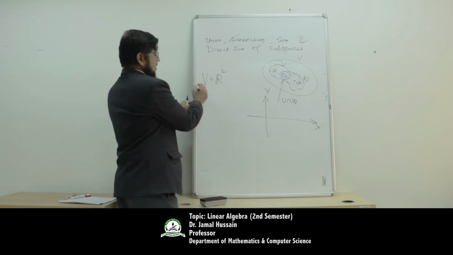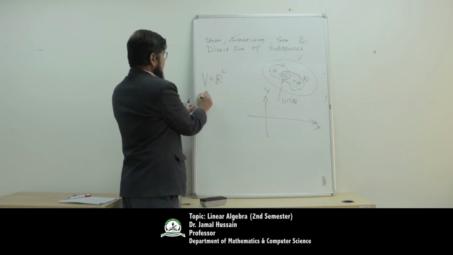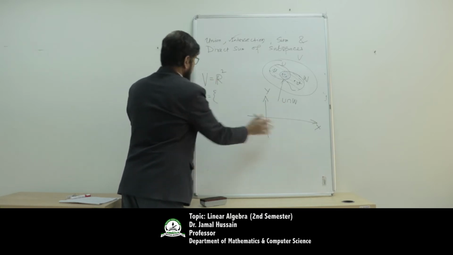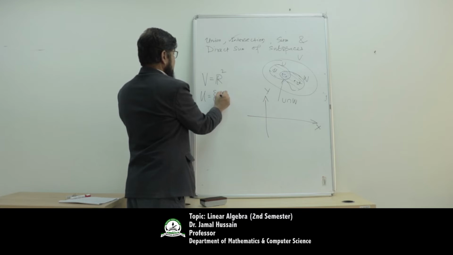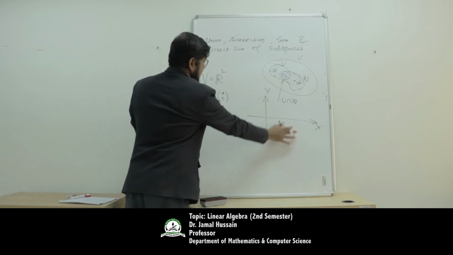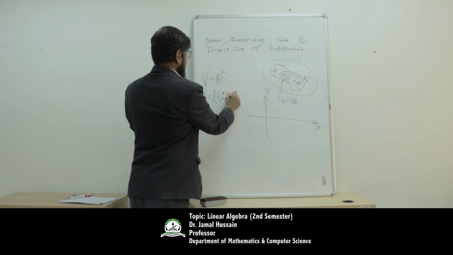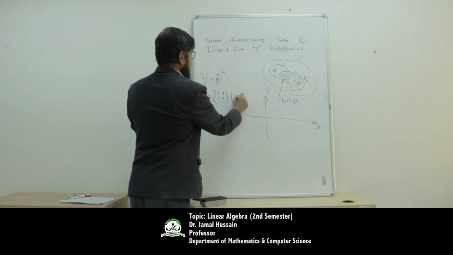This is our vector space, and if we take U, for example, a subset of V, denoted like this: vectors (A, 0), these are now vectors or points on the plane, such that A is a real number.